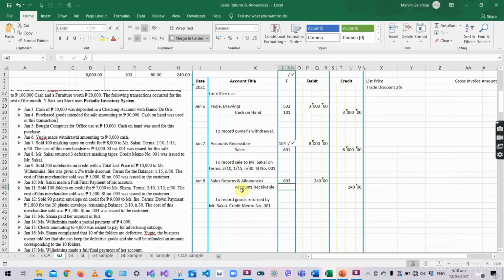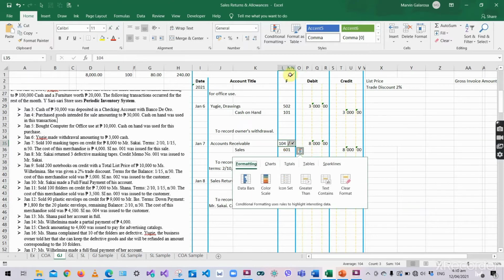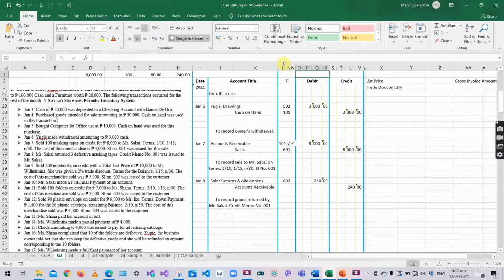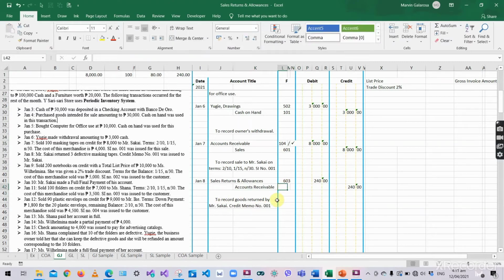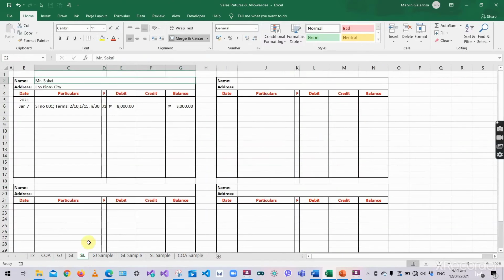Since nagkaroon tayo ng entry and naapektuhan si accounts receivable, maliban sa general ledger na posting, magpo-post ka rin sa subsidiary ledger ng customer kay Mr. Sakay. Account number 104 after ma-post sa general ledger, and then post din natin siya sa subsidiary ledger ni Mr. Sakay.